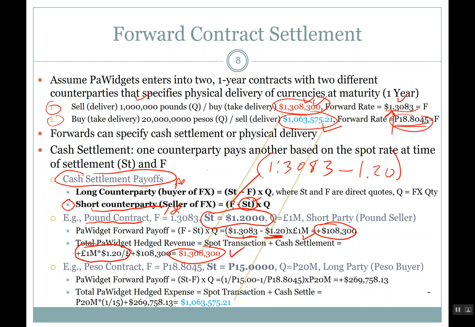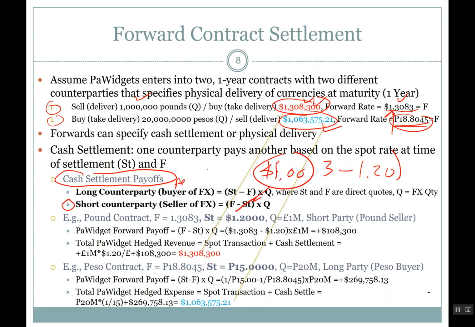So let's see if you understand this. Let's make another example. What if the exchange rate turns out to be, let's go really bad, $1? If they didn't hedge, what's their revenue? $1 million, which is 308,000 less. They're going to get a check for 308,300.